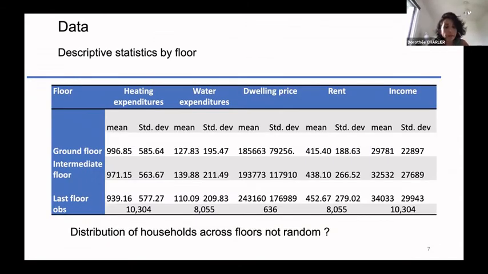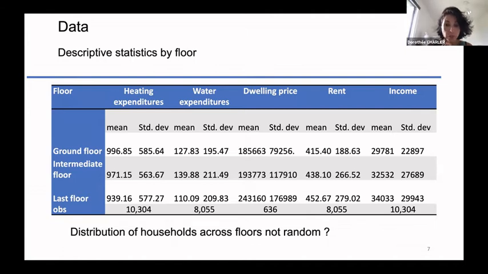Another interesting fact is the repartition of households according to the floor. I want to know if we can consider there is a random repartition of households according to the floor, or whether a huge majority of poor people live on the ground floor compared to the other floors. What we can observe is, firstly, that on average the rent for the last floor is greater than the rent for the ground floor.